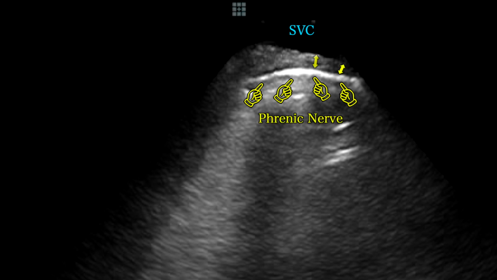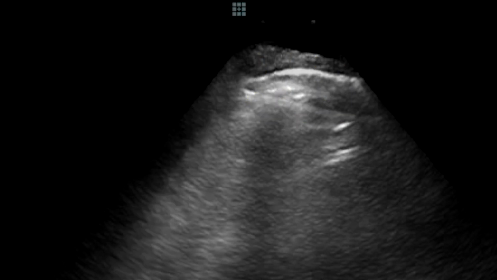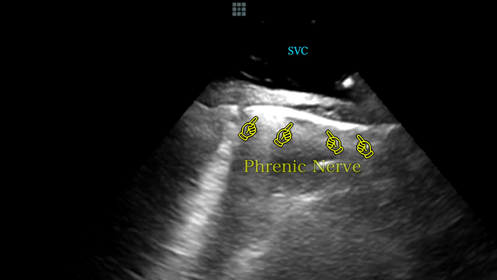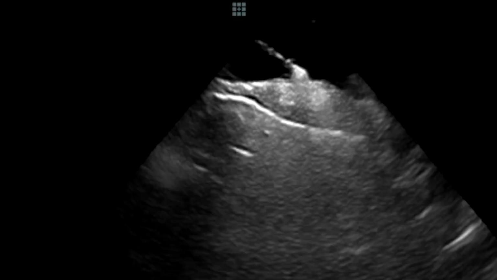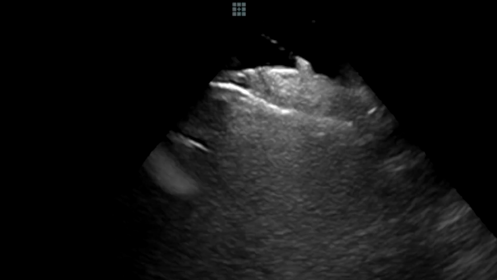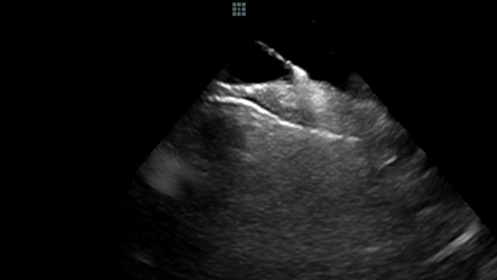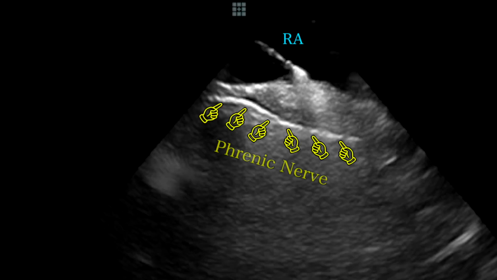And you can appreciate that the phrenic nerve has different distances to the endothelium of the superior vena cava. Here again, we can see the phrenic nerve as well as the SVC. We have now pulled back the ICE inside the right atrium, and you can appreciate the right atrium as well as the phrenic nerve. And you can see the different distances from that phrenic nerve to the endocardium.